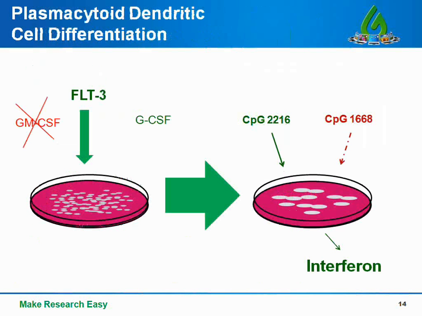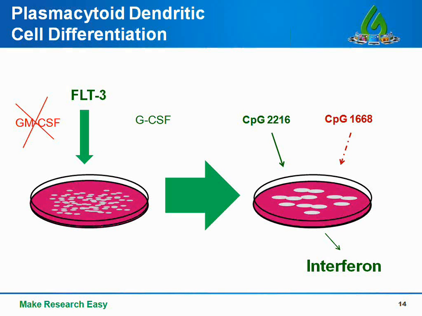Now, the more standardized way to differentiate plasmacytoid dendritic cells, known as PDCs, from expanded HSCs is simply culturing them in IMDM or RPMI media supplemented with FLT3 ligand for 7 to 9 days, replacing the media with fresh cytokines every 3 days.